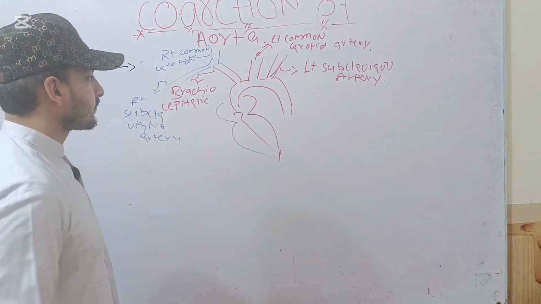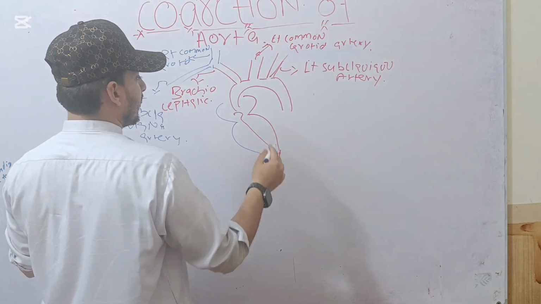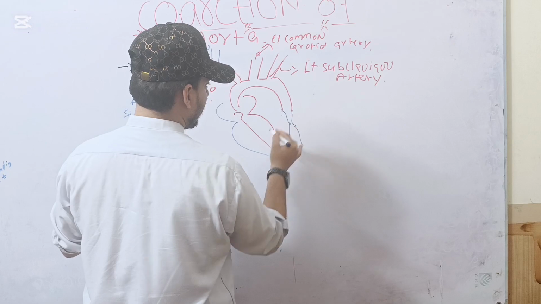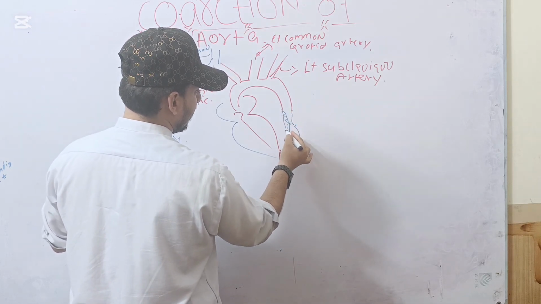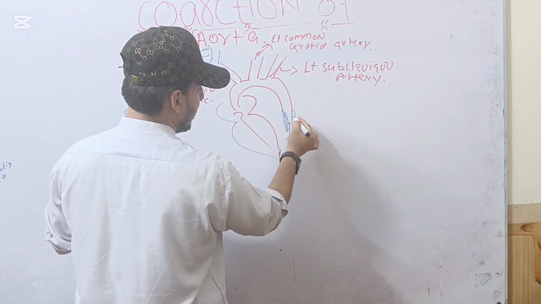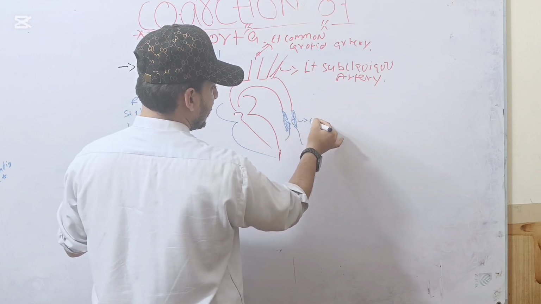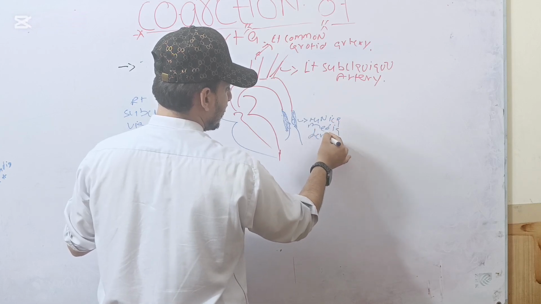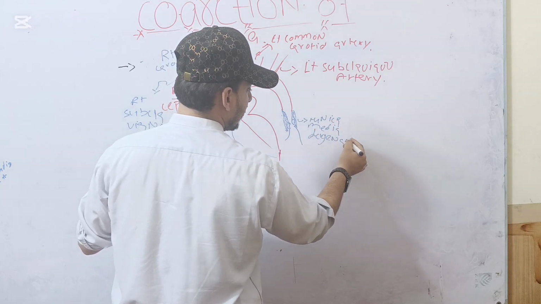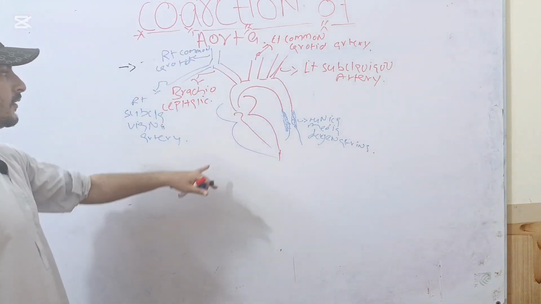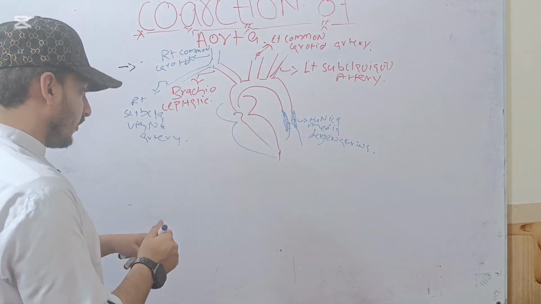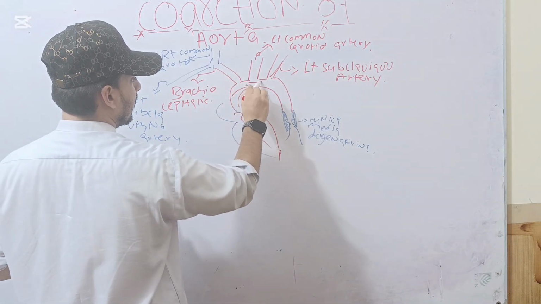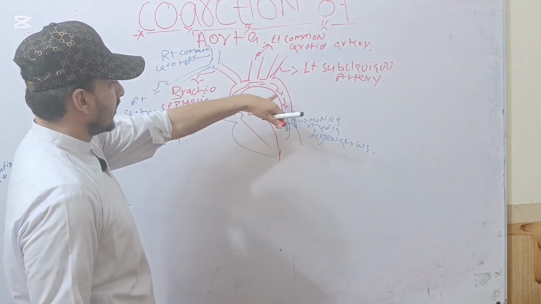So what happened here? There is a narrowing in the aorta. Let's assume that there is a narrowing. The tunica media part of the aorta is degenerated, so eventually it causes narrowing. If the narrowing occurs, the blood goes from that side. Here the pressure increases.